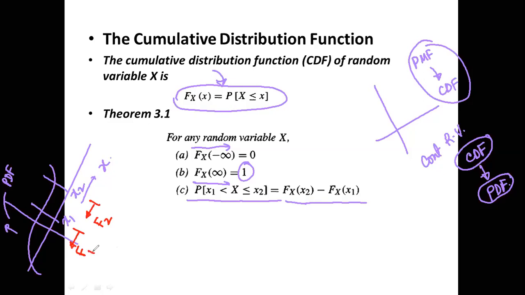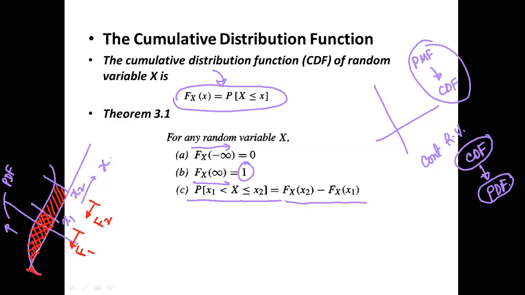What is F2? F2 is a probability summation, so summation means adding all these, isn't it? This is F2. What is F1? F1 is the summation of all these.